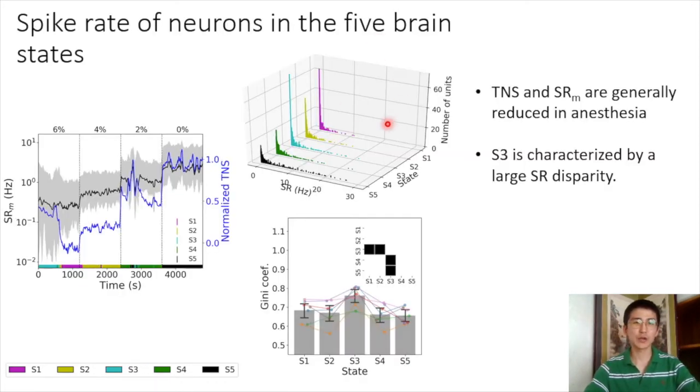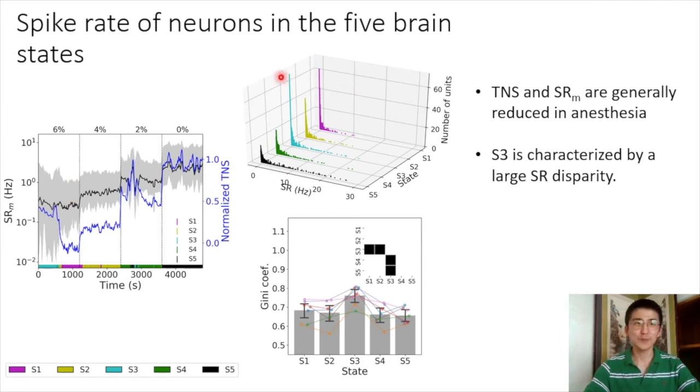Now we compare the 5 brain states in terms of both the number of emitted spikes and the average spike rate of individual neurons. The trace of mean SR, spike rate, and TNS, total number of spikes, deviated from each other, especially at 6% depth brain. The TNS showed a pronounced decrease when the brain state transitioned from S3 to S1, whereas the mean spike rate remained the same.